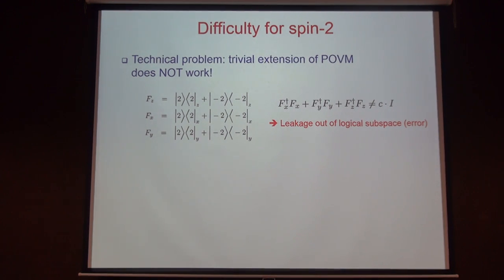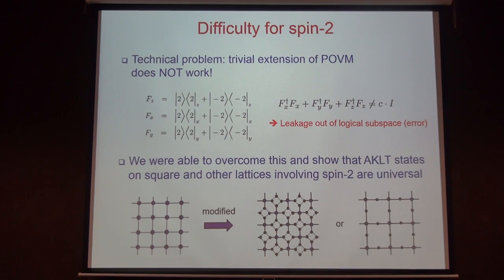If you want to generate the POVM for spin 2, there is a technical difficulty, because if we generate it naively, we don't get this to sum up to identity. This indicates there will be leakage out of the logical subspace. Fortunately, we could add an additional element here, and we were able to prove the corresponding probability distribution for the new POVM.